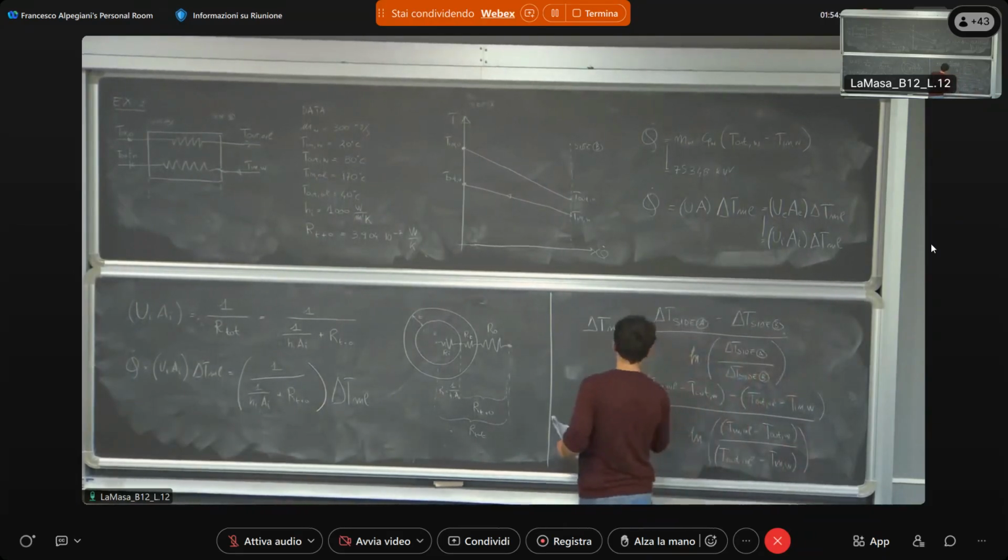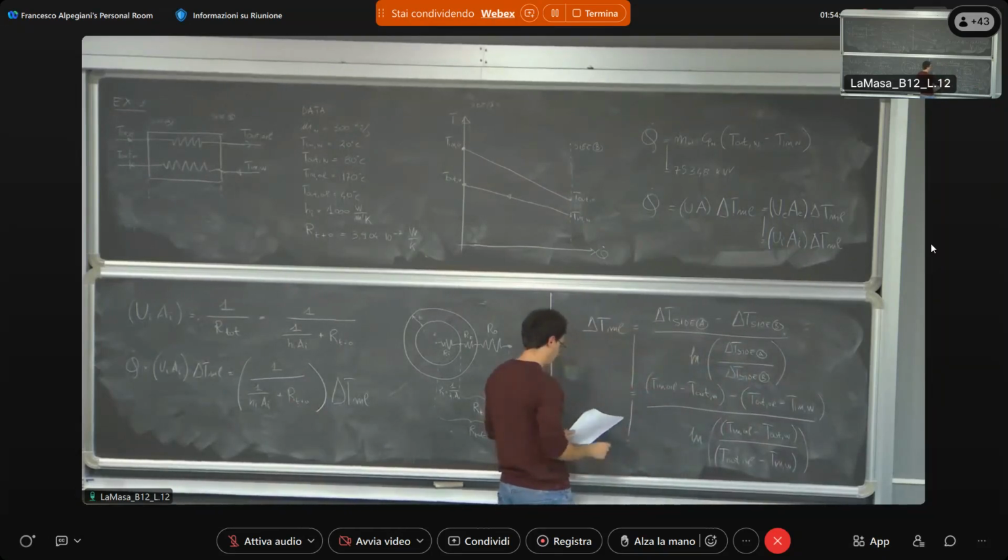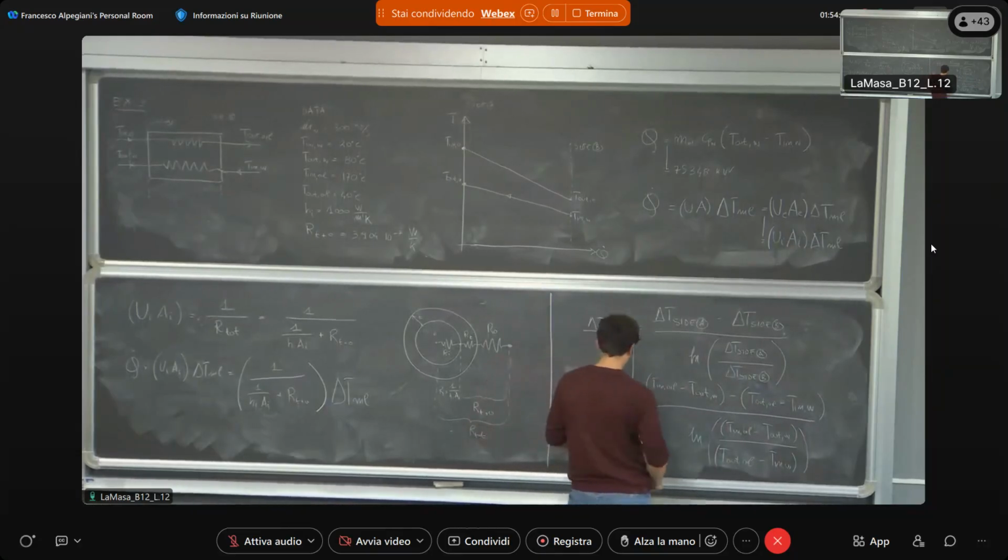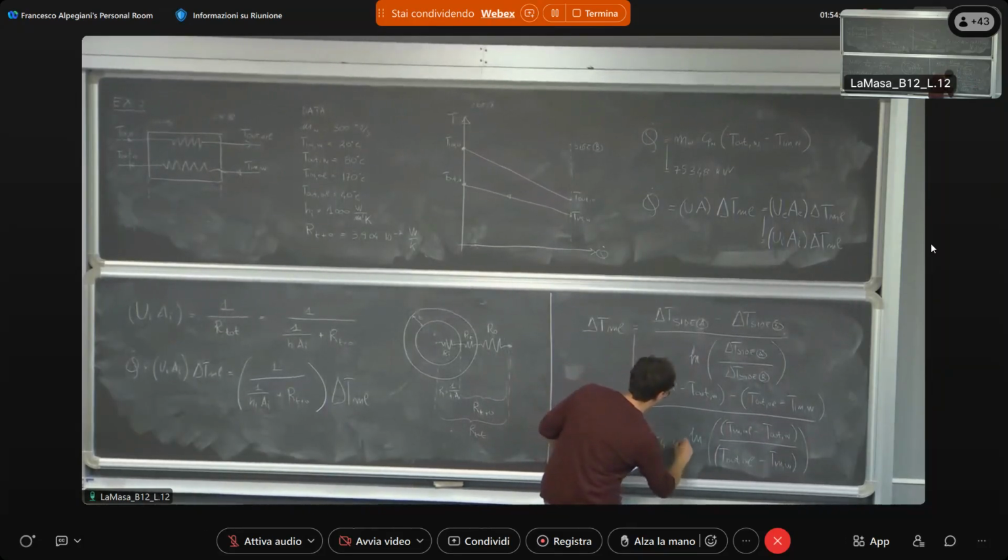You have all the values, and this is equal to 45.54 Kelvin.